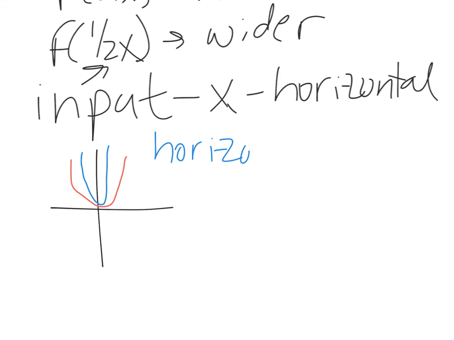So what is happening to this in reference to this horizontal axis? Well, it's being pushed away from it. It's going towards the y. So it is being compressed away. You're pushing it away.